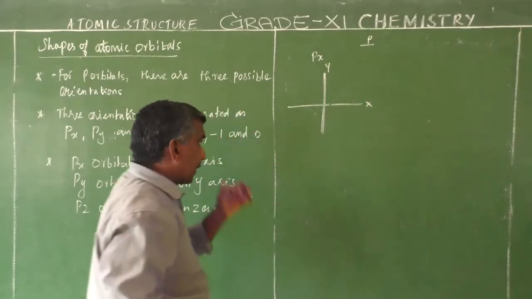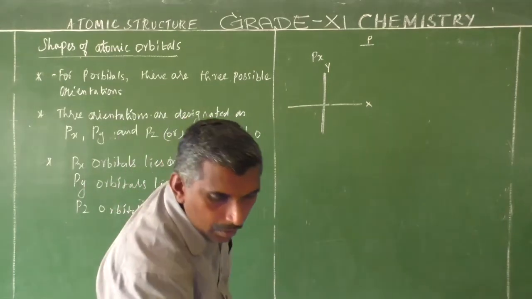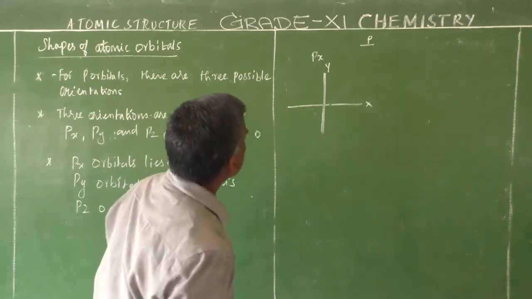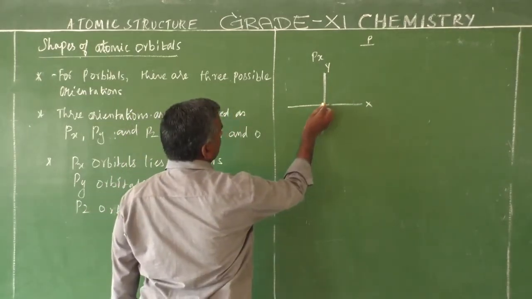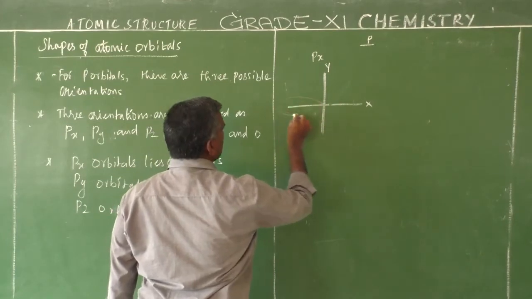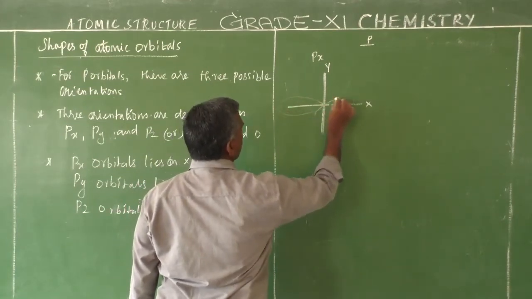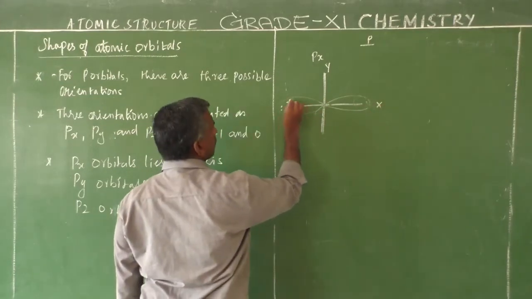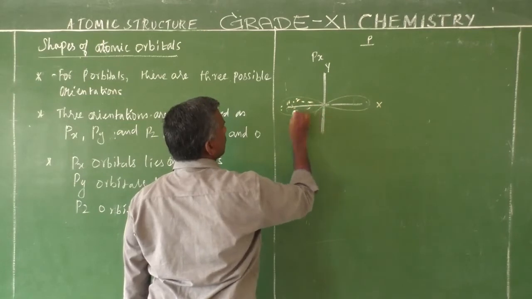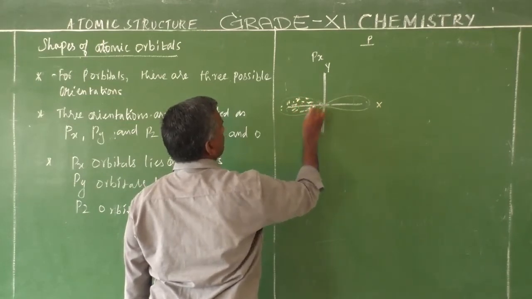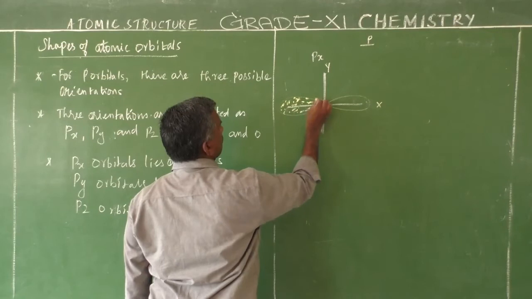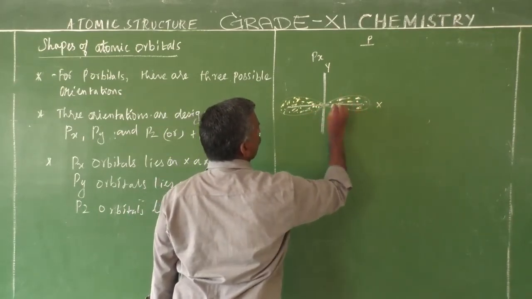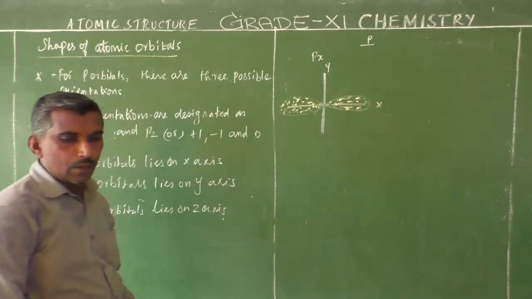So this is the px orbital charge cloud diagram. Here charge is a distance. Charge is present in a cloud form.